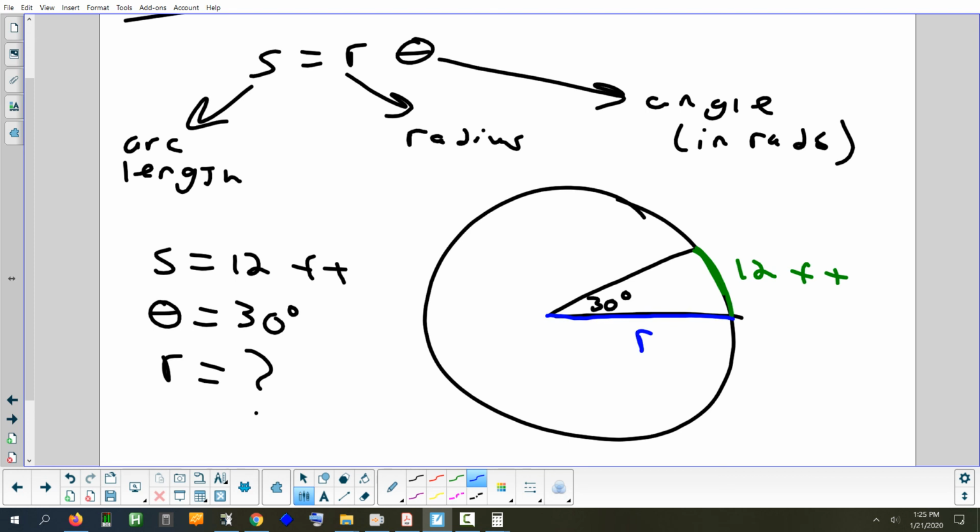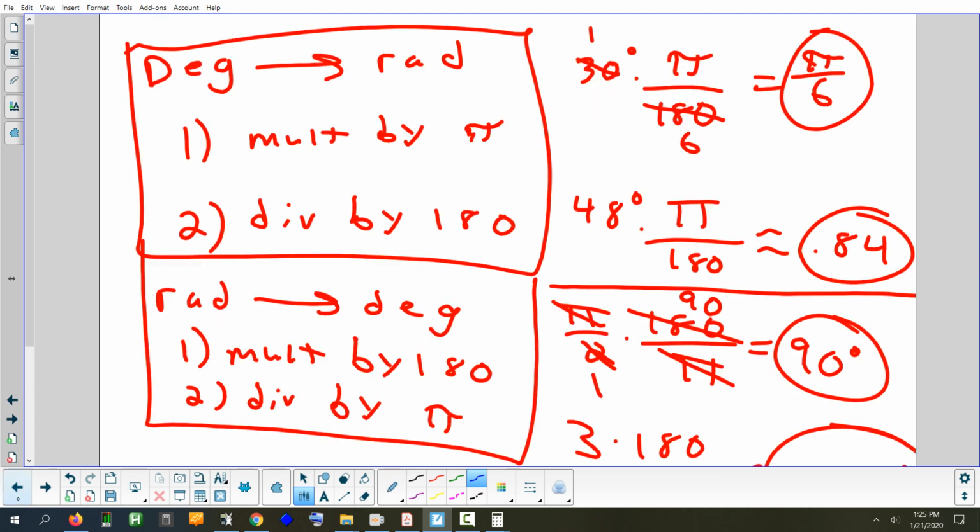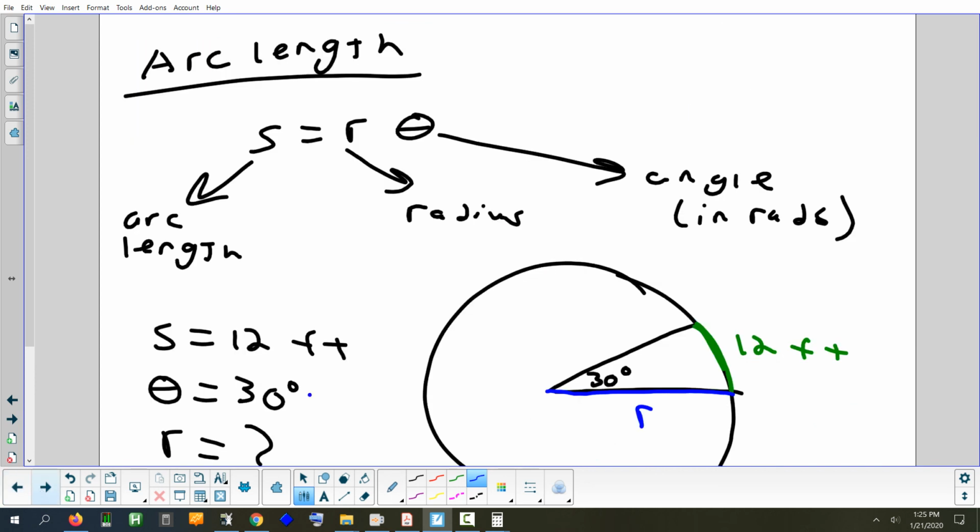So first thing we have to do here is the angle is not in radians. So you have to change 30 degrees to radians. I actually just did that problem here. 30 degrees is pi over 6. Now we're ready to use that and that in our formula.